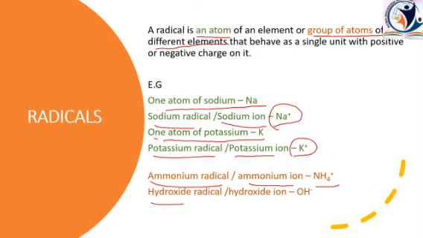Another is hydroxide radical or hydroxide ion, which is written as OH minus. So from this it is clear that a radical can be one atom as in the case of sodium and potassium, or it can be a group of atoms as in the case of ammonium and hydroxide ions. In this way there are various kinds of radicals.